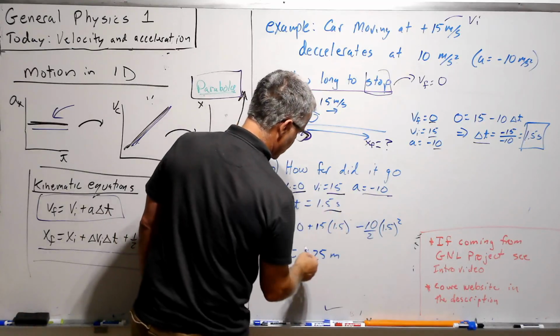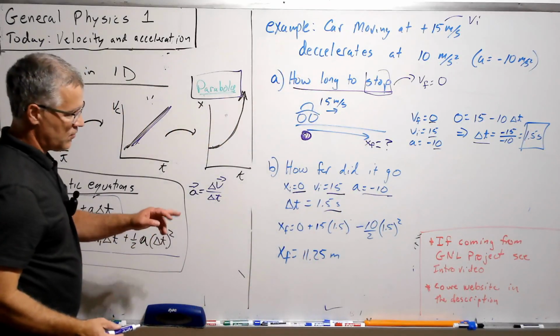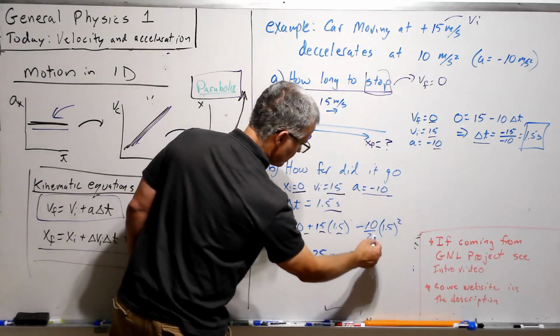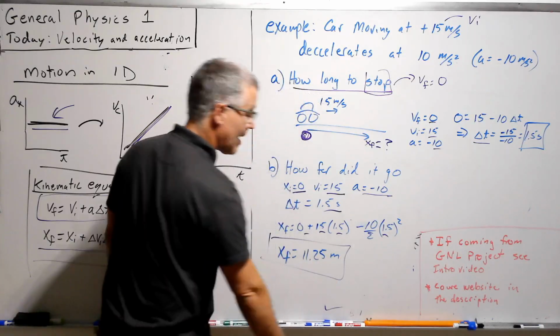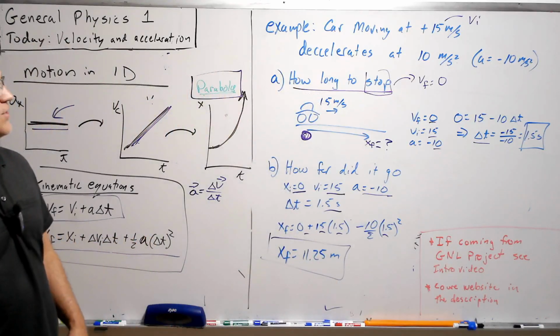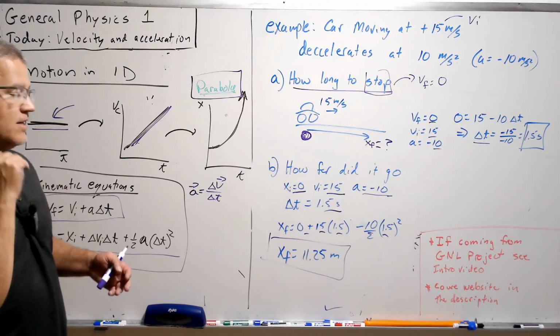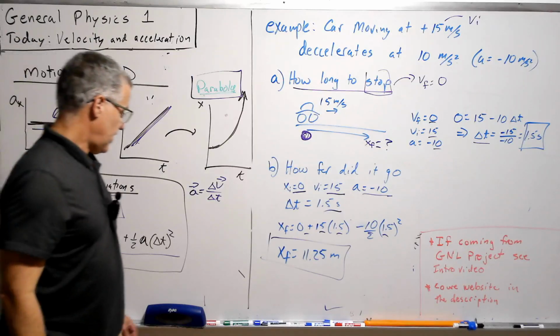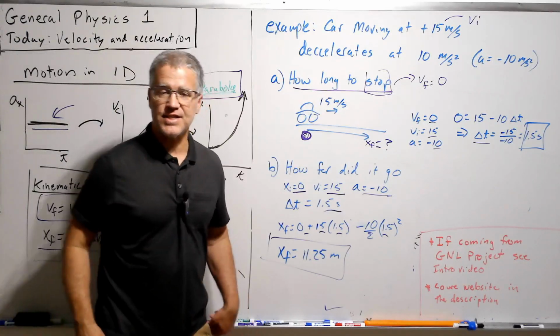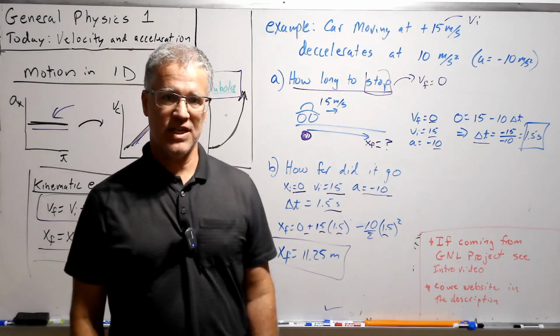Then we know the acceleration. So just plug into our kinematic equation, and we get a stopping distance of 11.25 meters. Basically, we're coming in at this speed, we hit the brakes for the deceleration, it takes 1.5 seconds to stop, and during that time we cover 11.25 meters.